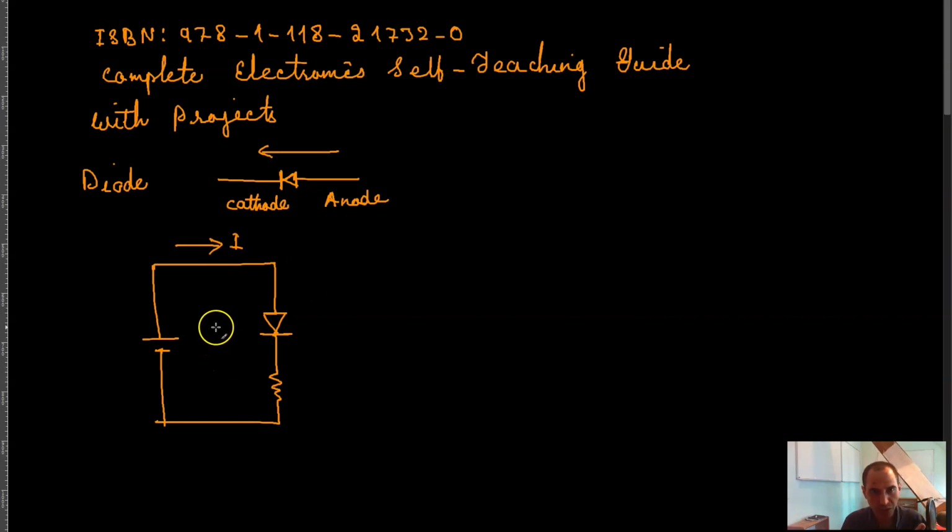This is called a forward biased diode, and there is a 0.7 volt drop across this PN junction, and this is your power supply.